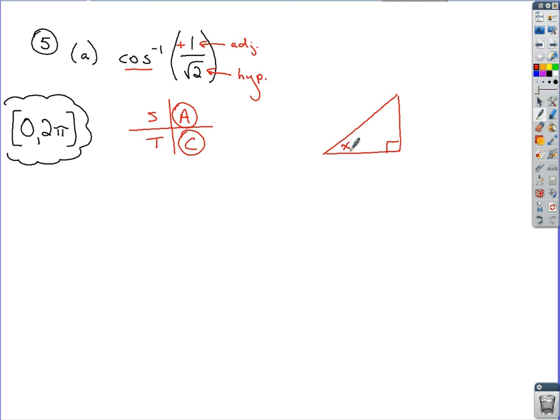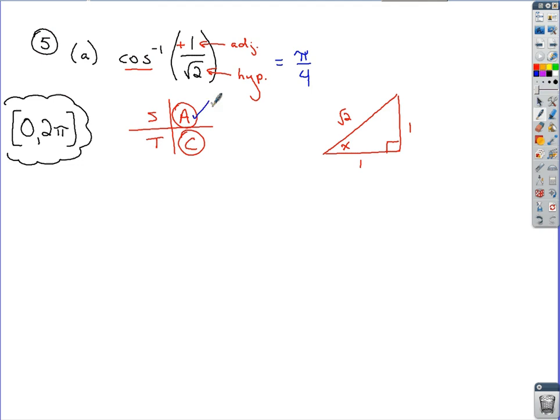If I let the adjacent side to x be 1, the hypotenuse root 2, what should stand out to me is that that is a 45 right triangle because this other side would be 1, making this x 45 degrees. Since I'm working on the interval 0 to 2 pi, I would like my answer in radians. So 45 degrees converts to pi over 4.